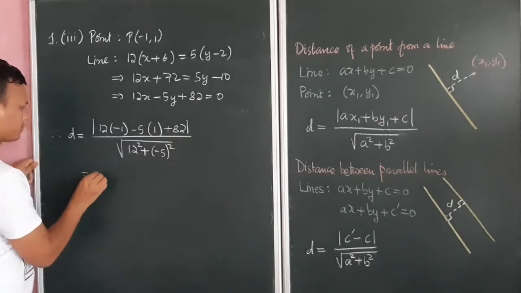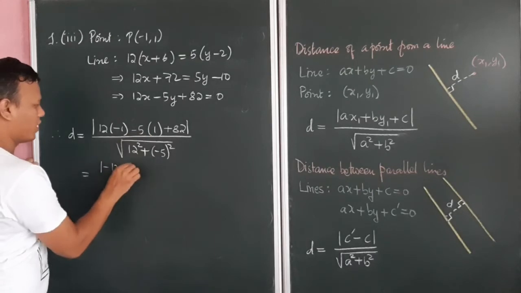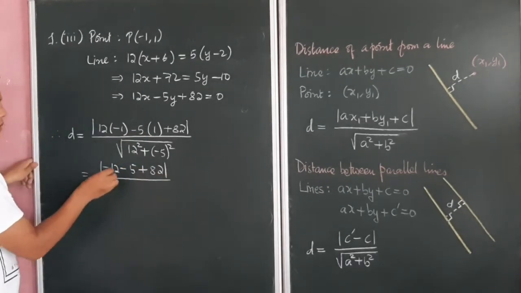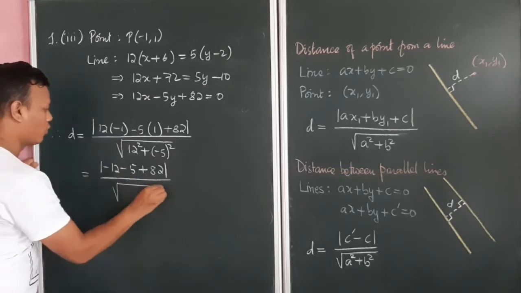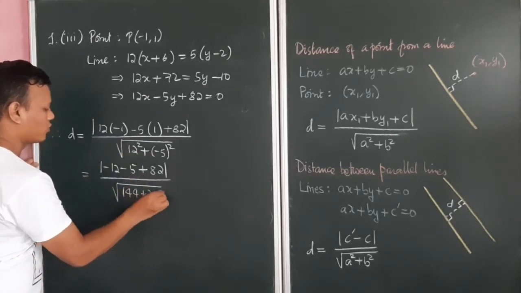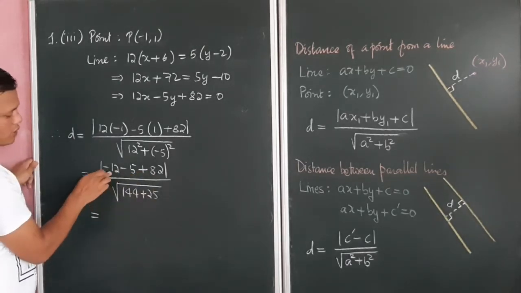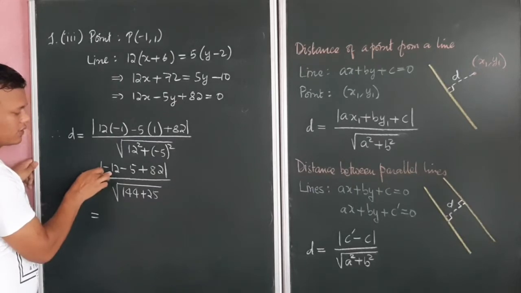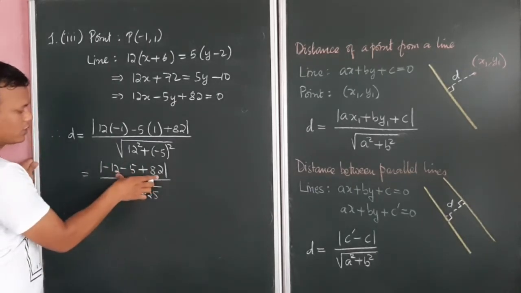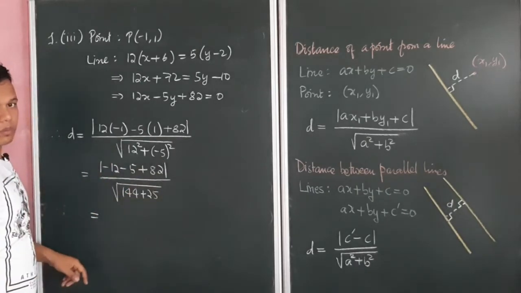We have minus 12, minus 5, plus 82, whole divided by the square root of 144 plus 25. So 82 minus 12 is 70, 70 minus 5 is 65. This is positive, so no need to put the modulus sign now.